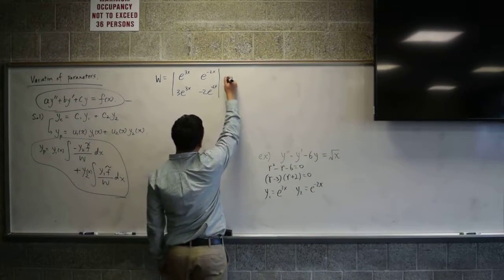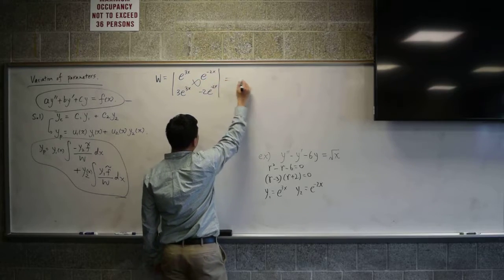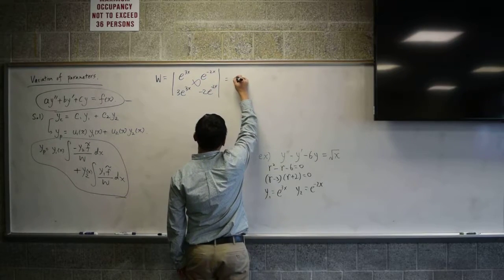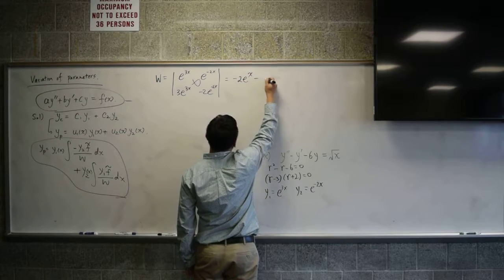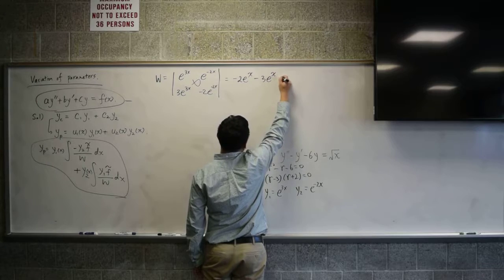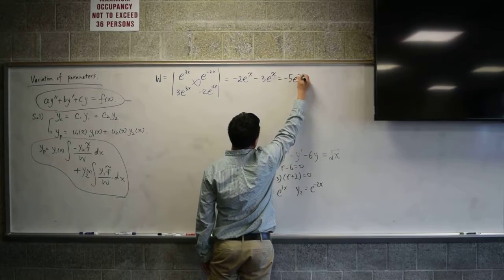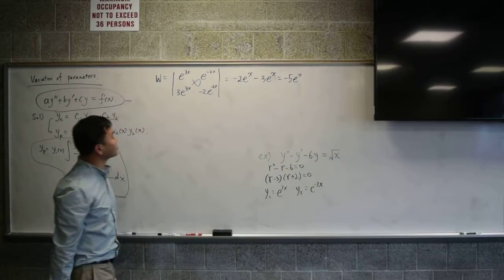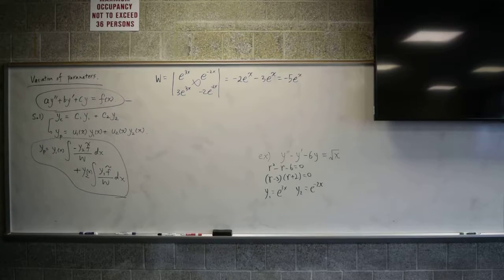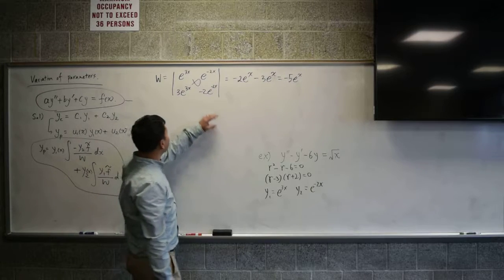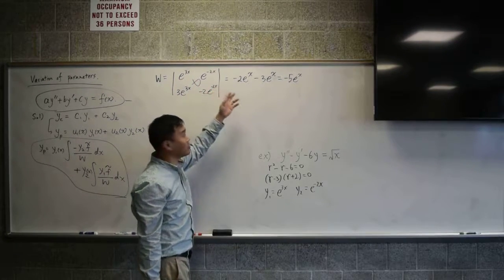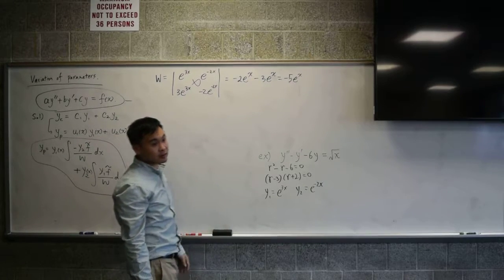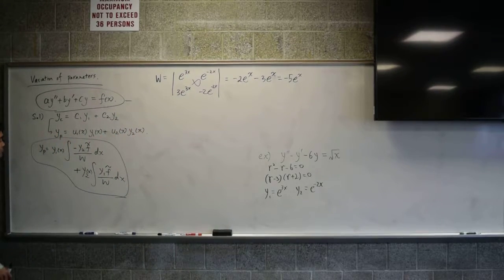And that gives me AD minus BC gives me negative 2 e to the x minus 3 e to the x, so negative 5 e to the x. That's my Wronskian. And when I was doing this, e to the 3x times e to the negative 2x, 3x minus 2x, that's 1x, right? So that's why I got that. Okay? Try to follow that.